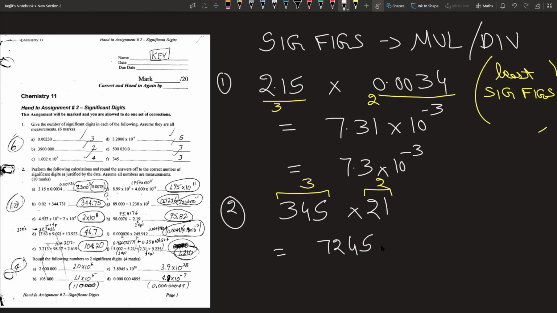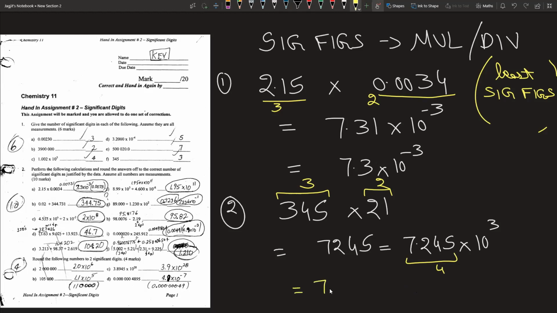So how would you rewrite this as scientific notation? You would say it's 7.245 times 10 to the power, right now my decimal's here, 1, 2, 3. Agreed. You can rewrite it as that. How many sig figs are you seeing on this? I'm seeing 4. My answer should only have how many? 2.